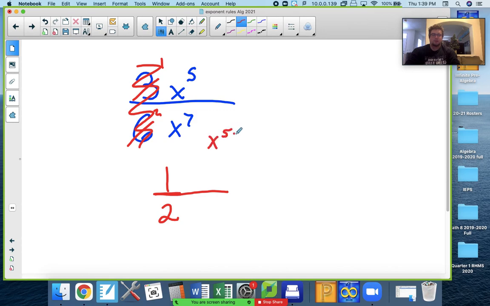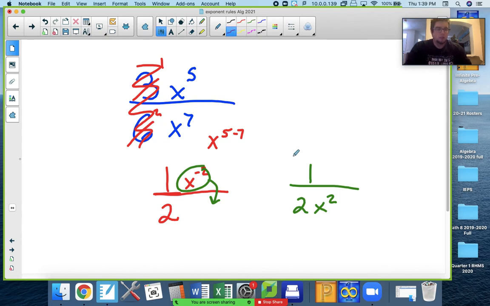X to the 5th minus 7 means I have negative 2 for my power. We will never leave a negative exponent. So since it's on the top, it gets moved to the bottom. We can see the leftover x's within the problem itself. There are more x's on the bottom.